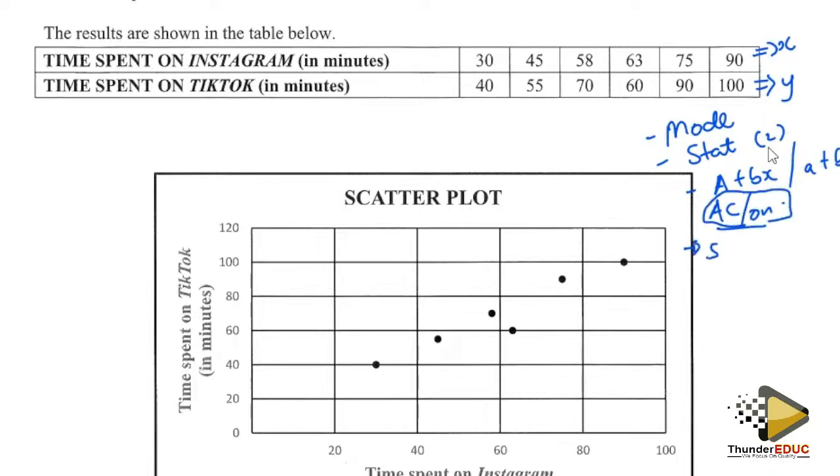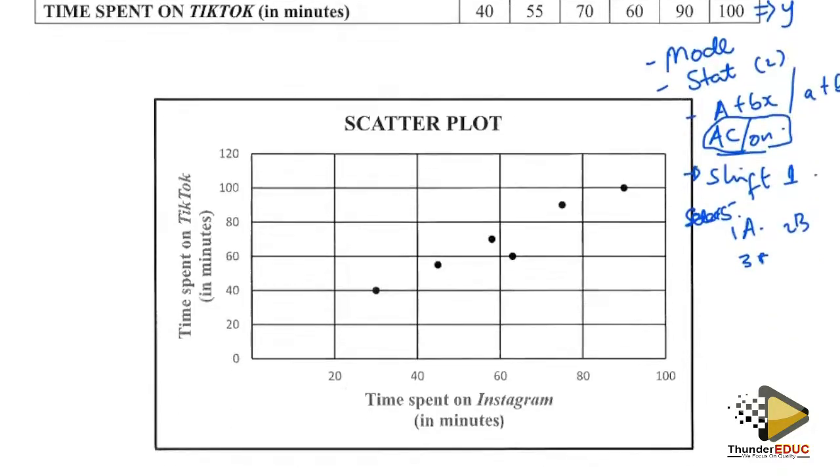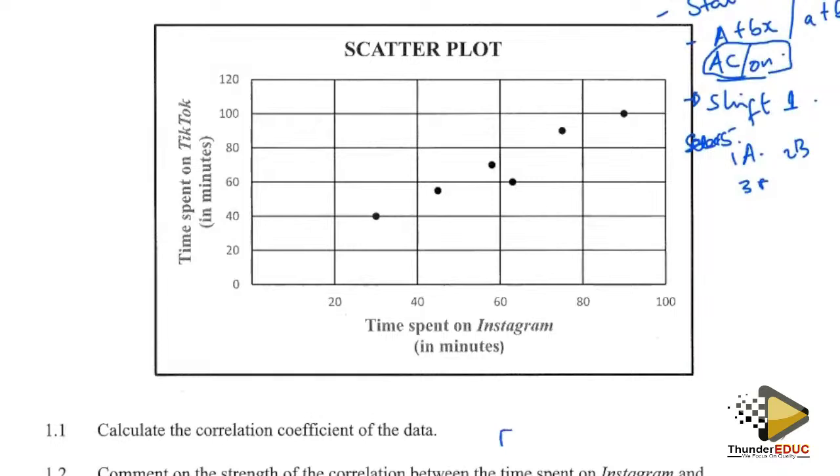Then we press Shift and 1, and look for number 5. We select 5. This will have the value of A, the value of B. Number 1 is A, 2 is B, and 3 is R. So the correlation coefficient is number 3, which is the R. The correlation coefficient that I got was 0.96, rounded to 2 decimal places. Then comment on the strength.